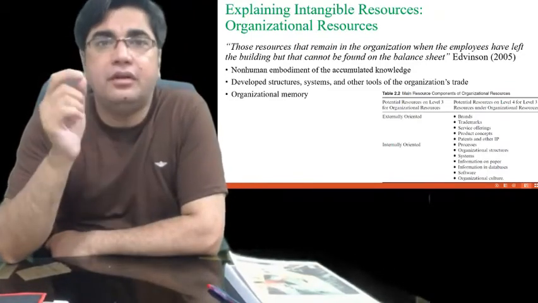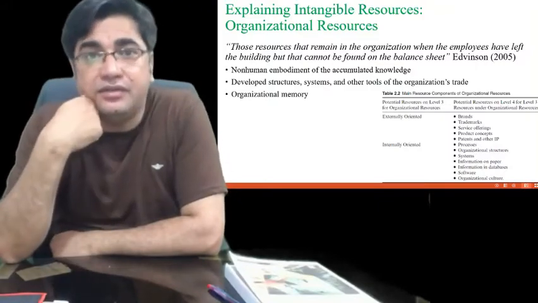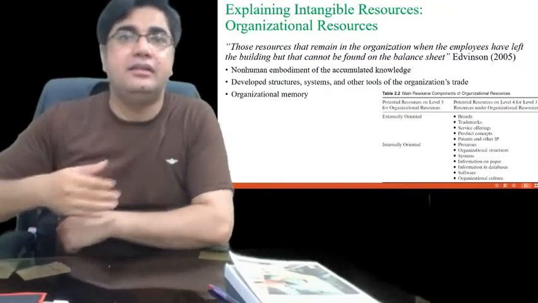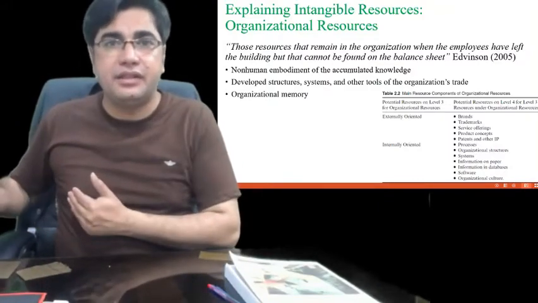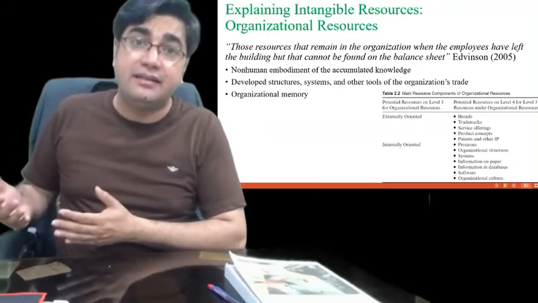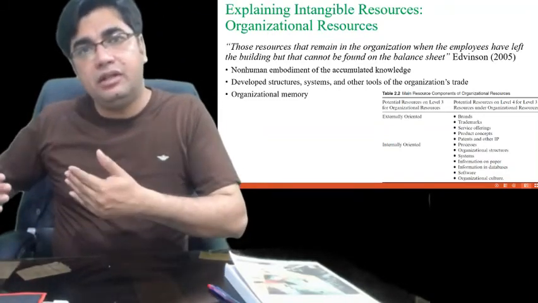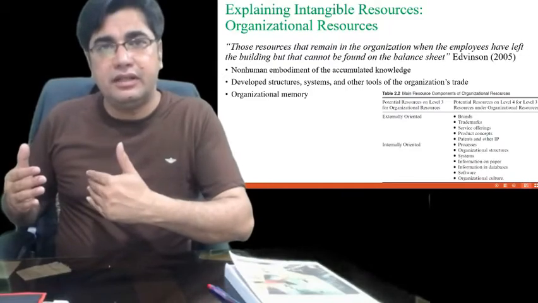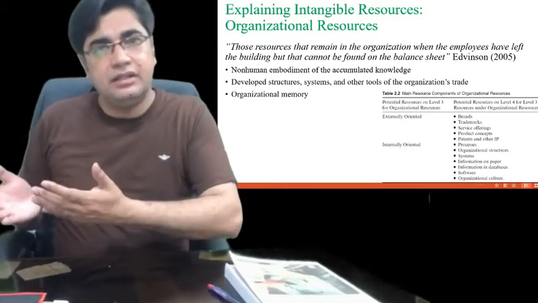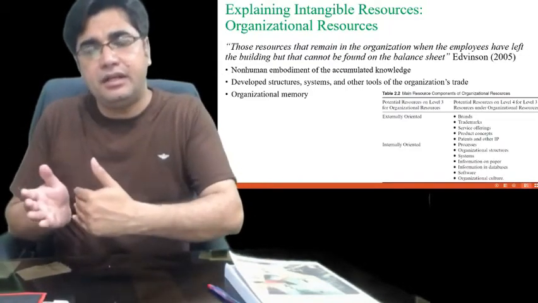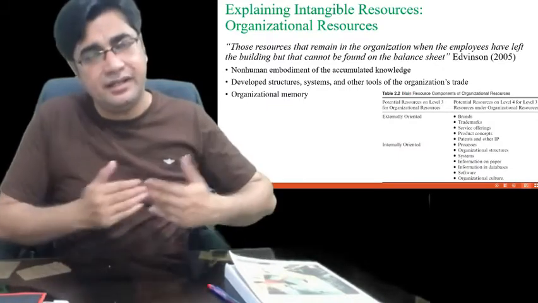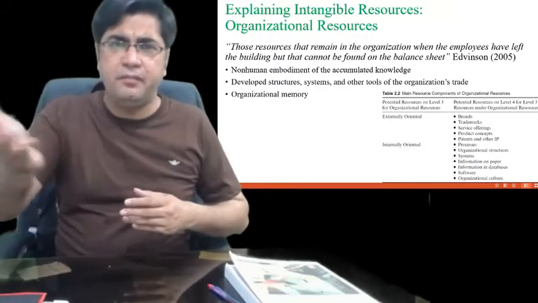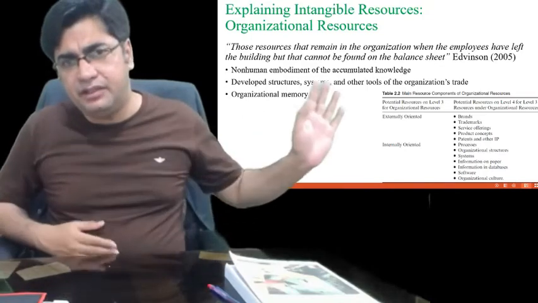Then I was telling you about institutional memory. Organizations have histories, certain memories, certain things. On the basis of those intangible memories, organizations sometimes take their future decisions. So that remains with the organizations. You can see some examples here on the slides.